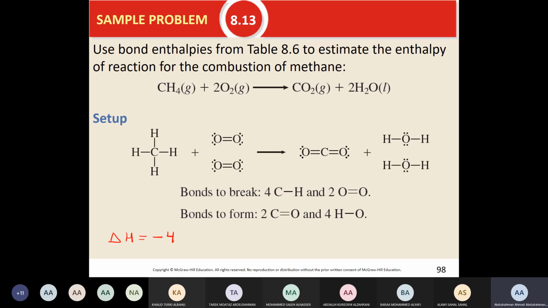4 times what? Times bond energy of C-H. Very good. And then minus again, what?